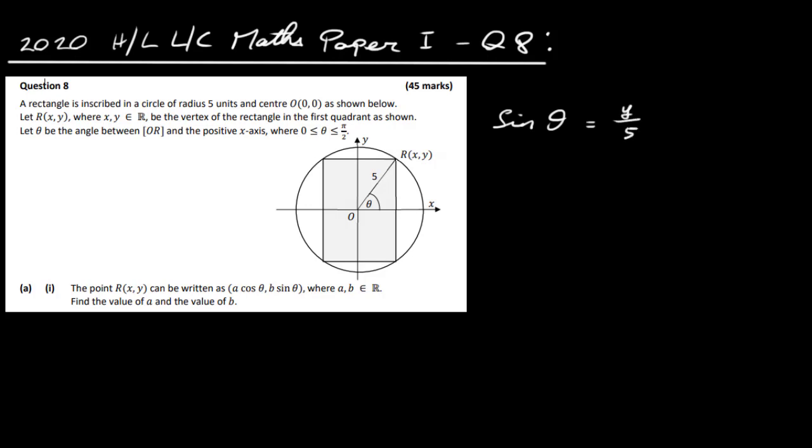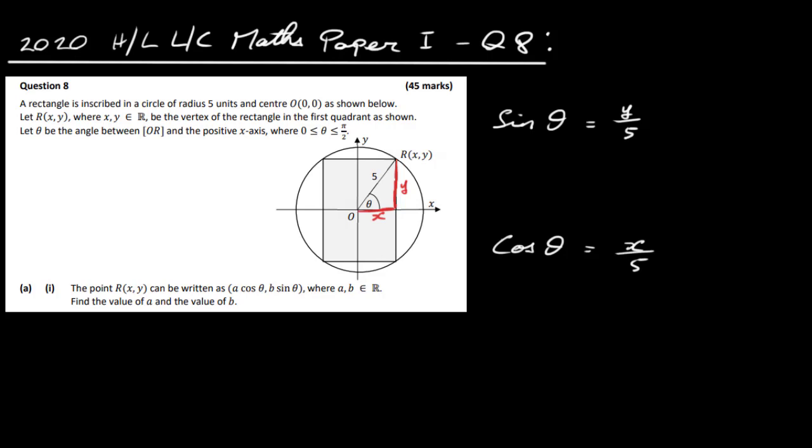The reason for that is this distance here is our y coordinate, and this distance here is x. Sine is opposite over hypotenuse, and the cosine of theta is going to be x over 5.